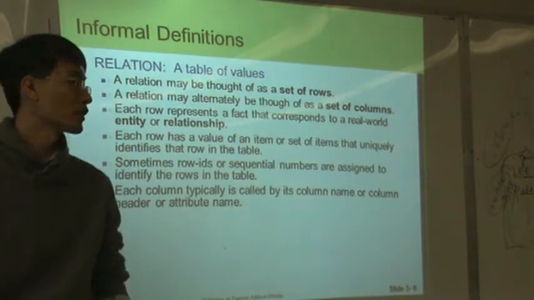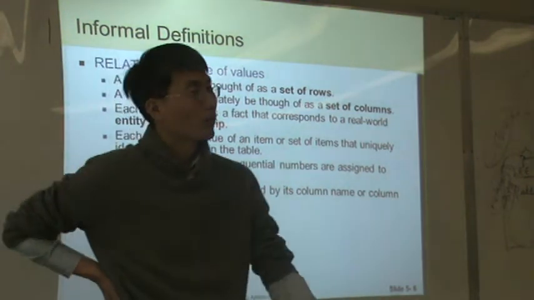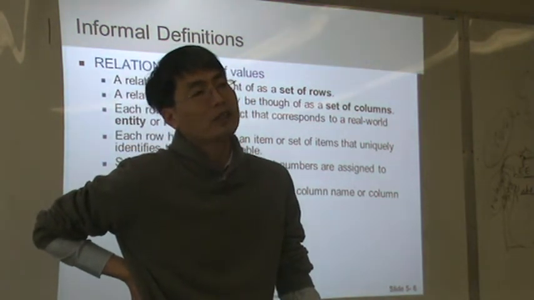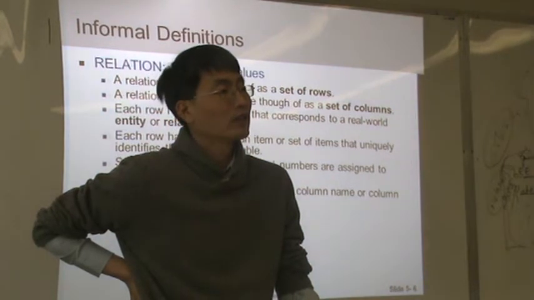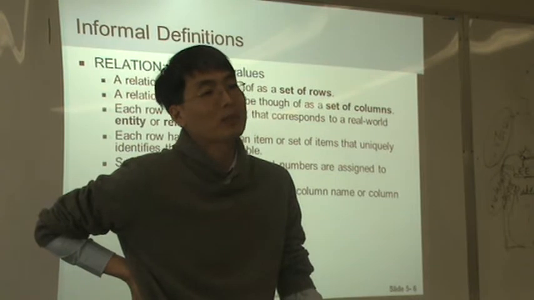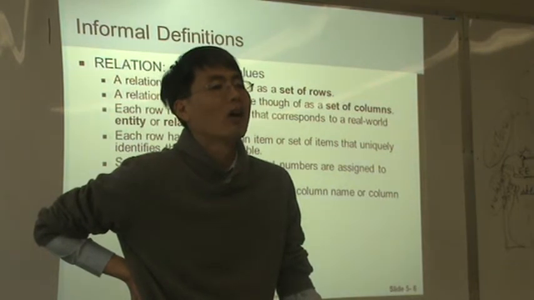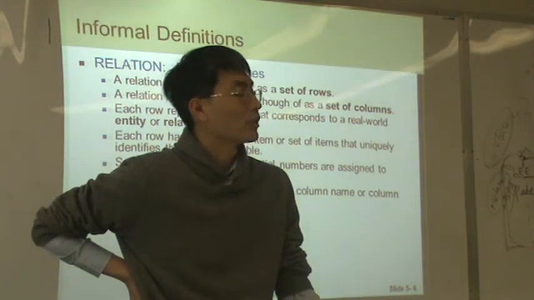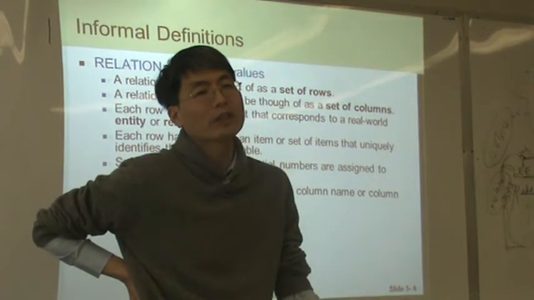Actually, this is a side story. When Dr. E.F. Codd proposed the idea of the relational model, he was at IBM, at the IBM T.J. Watson Center. It's still very, very famous for data and database research.